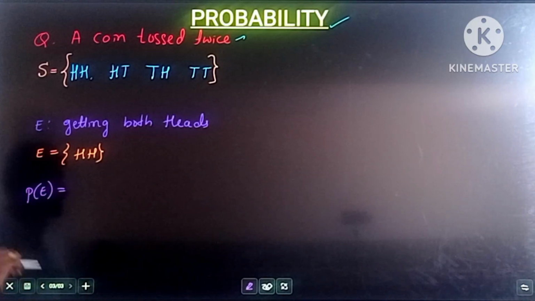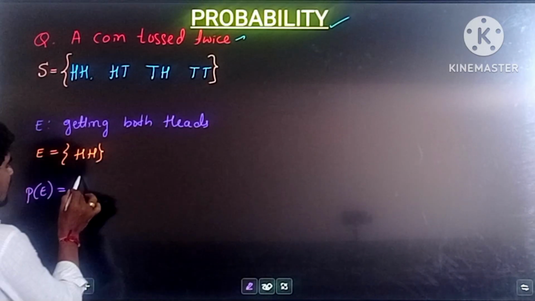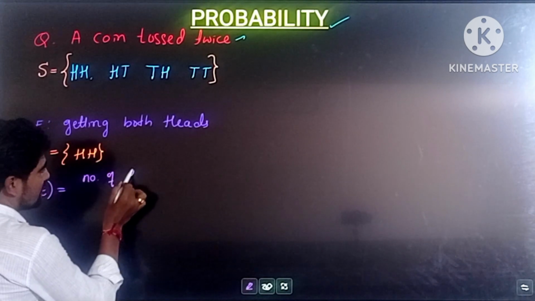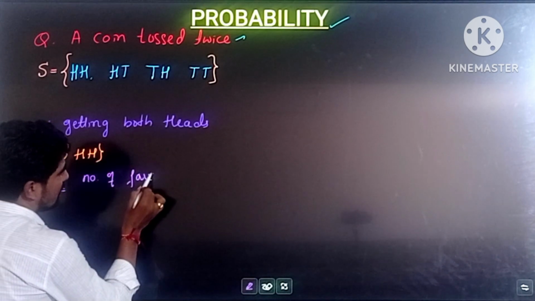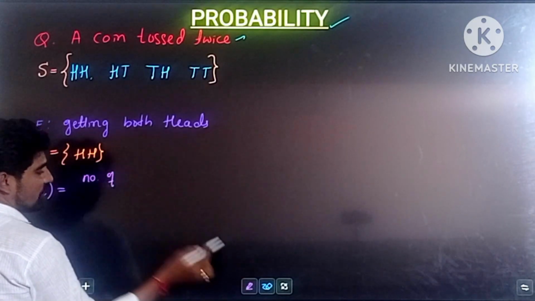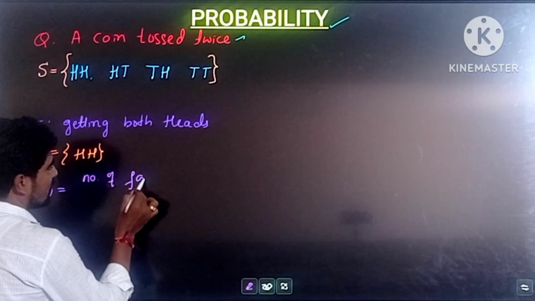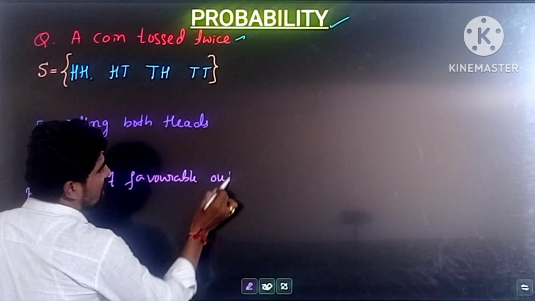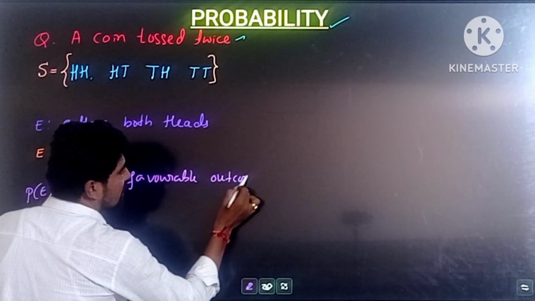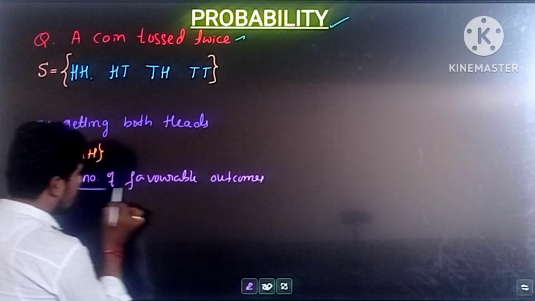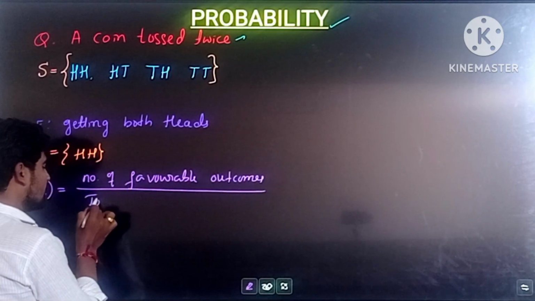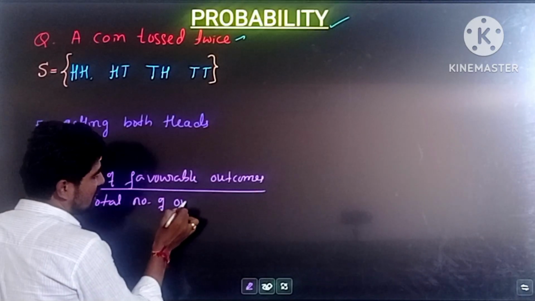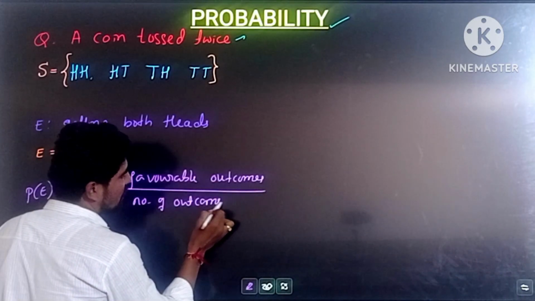Already you know the formula for calculating the probability of an event. Number of favorable outcomes of the event E divided by total number of outcomes of the sample space.